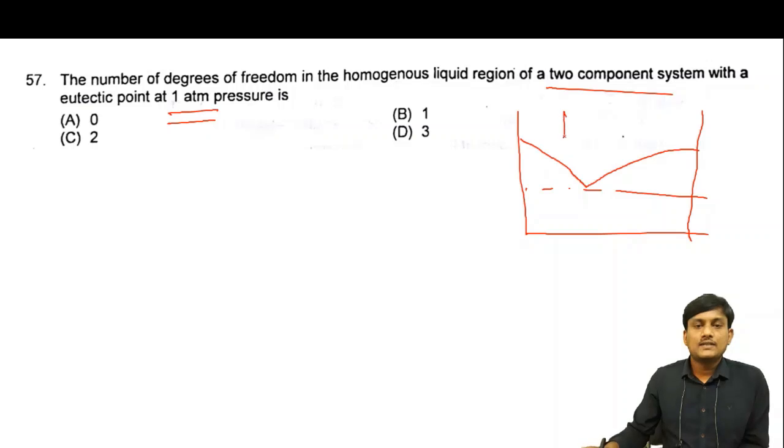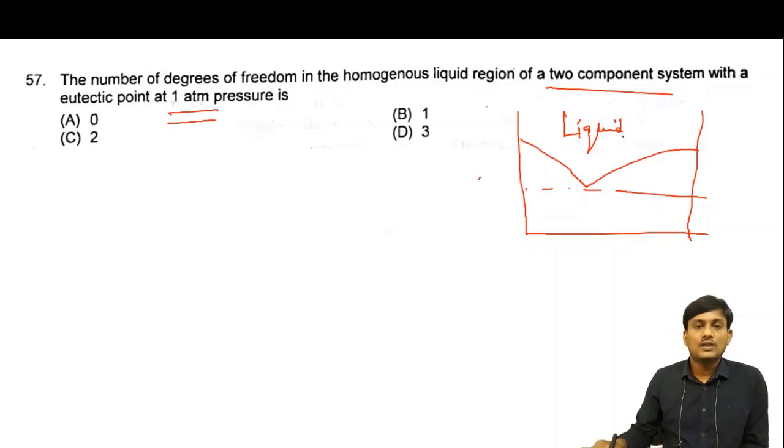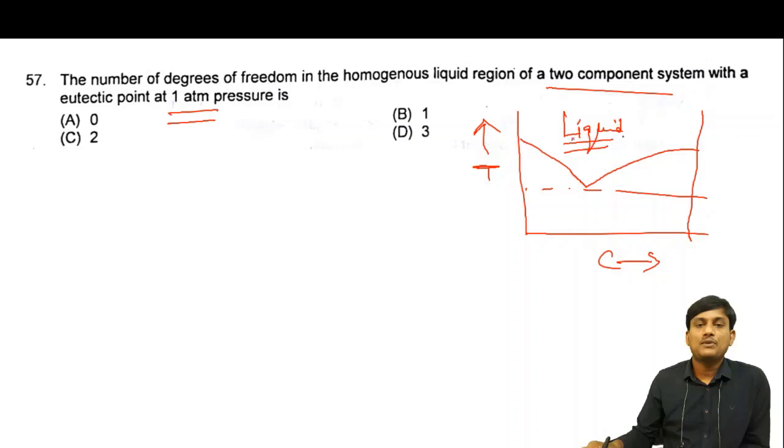In this case, you have homogeneous liquid. This is a region which indicates homogeneous region. This is the composition of mixture, and this is the temperature. You have to find out the number of degrees of freedom in this liquid region.